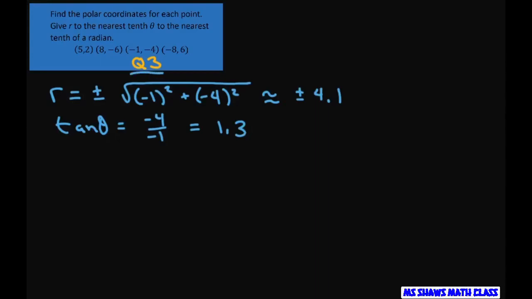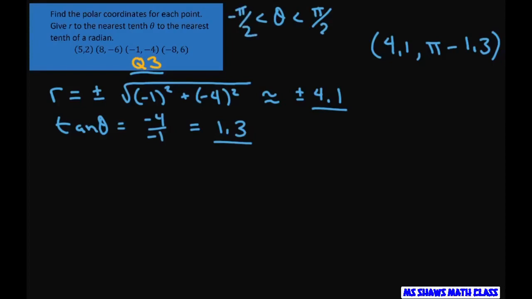Since we're in quadrant 3, we're going to take our positive 4.1, but then take this one and get it back into the quadrant by subtracting it from pi. So pi minus 1.3. So we can get it back into our restricted domain. So when you do that, your final answer is going to be 4.1, comma, negative 1.8.